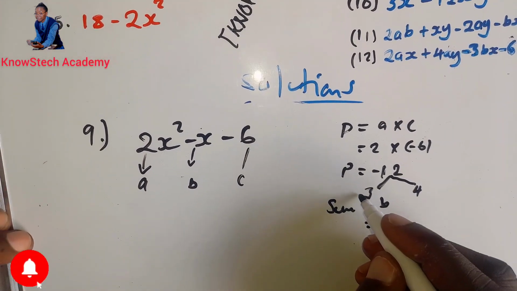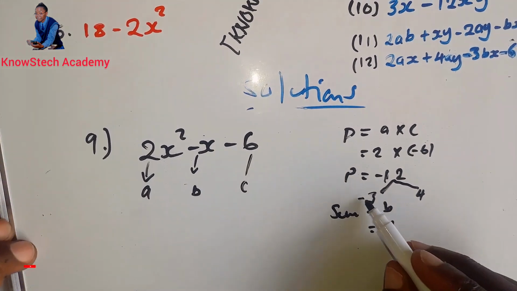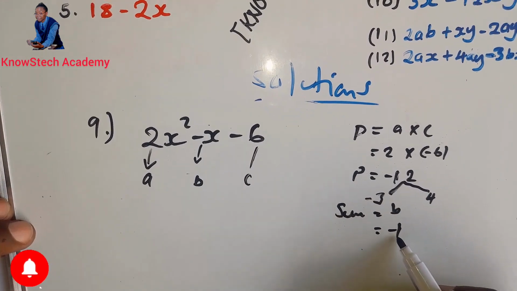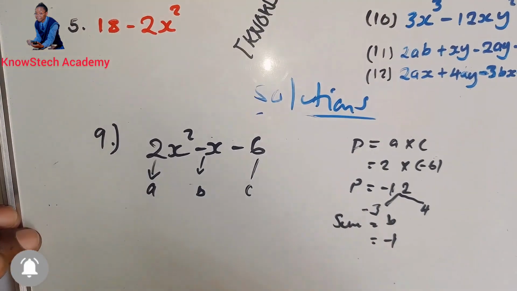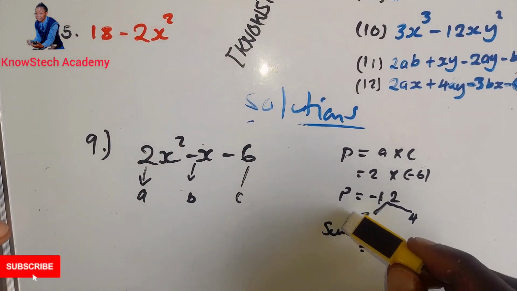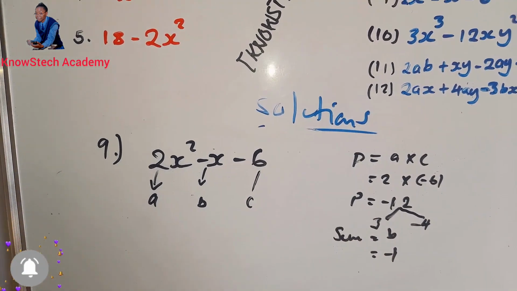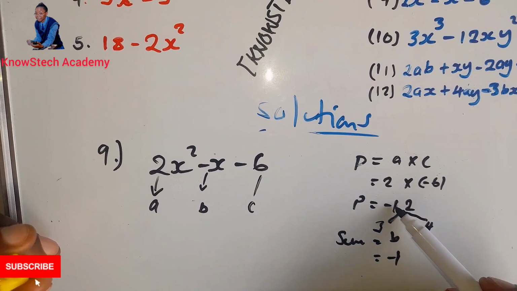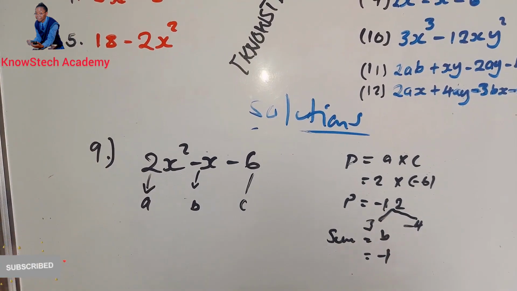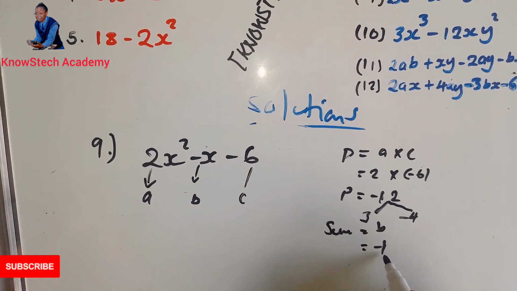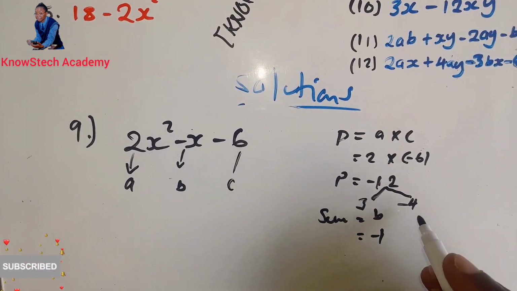If we put 3 to be negative here, when you multiply them, the negative 12 will agree. But when you add them, it will give us positive 1, which tells us that 3 is not negative here. Let's put the negative this side. When you multiply them, they give us negative 12. When you add them, they give us negative 1. So these factors are correct.